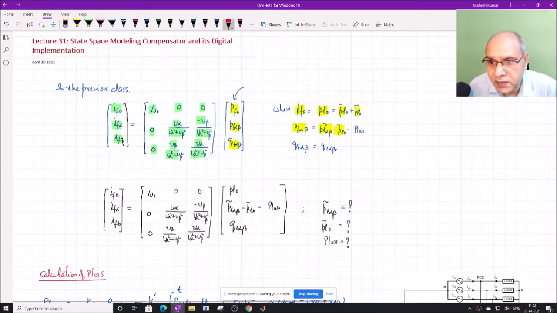Minus means it is taking this power from somewhere.